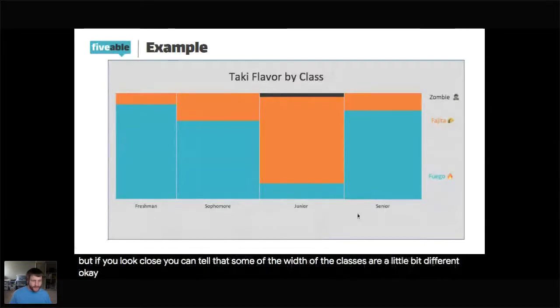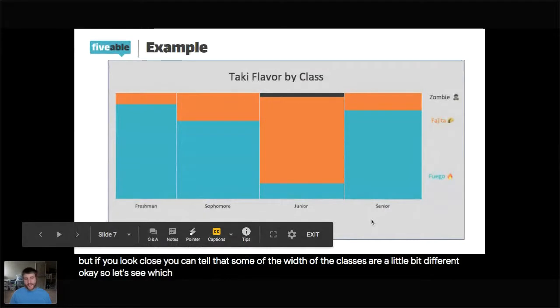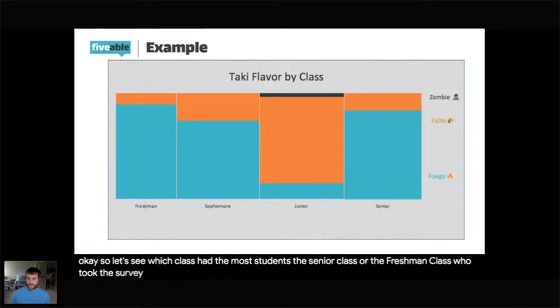So let's see. Which class had the most students, the senior class or the freshman class who took the survey? So y'all chime in there. Olivia says senior. Josie says senior. Kirsten says senior. Allie says senior. Okay. Yep.